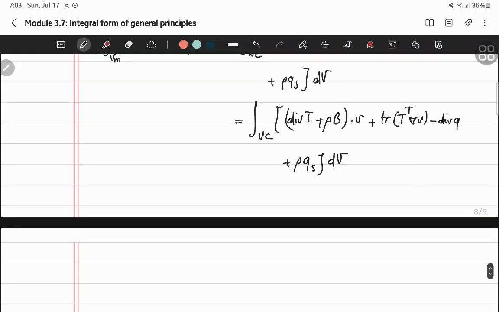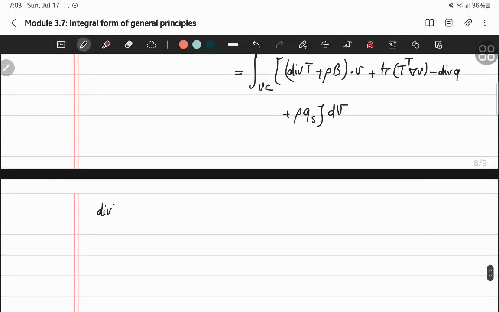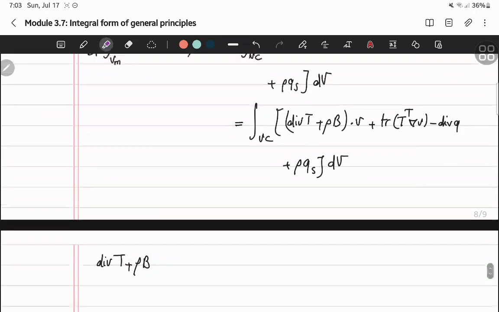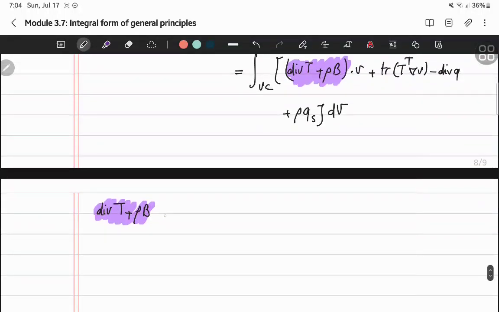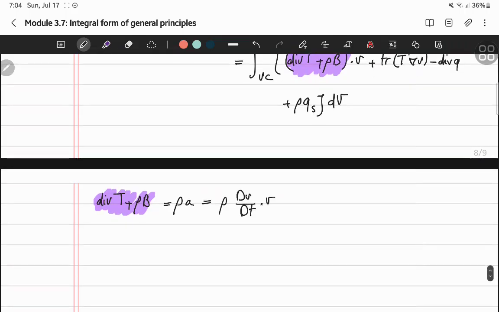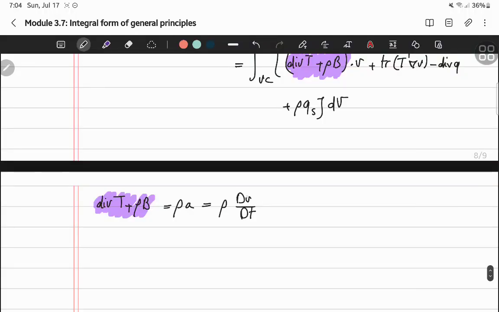So this is the divergence of t plus rho b. So we also know that the divergence of t plus rho b, let me change the color of this, can be written as rho a, or we can write this as rho dv/dt.